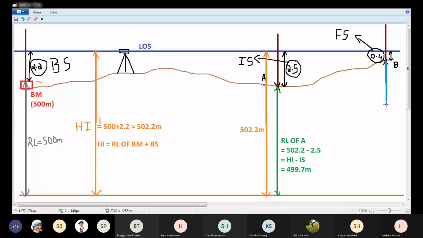Elevation of B or RL of B is nothing but the vertical distance of B from datum.